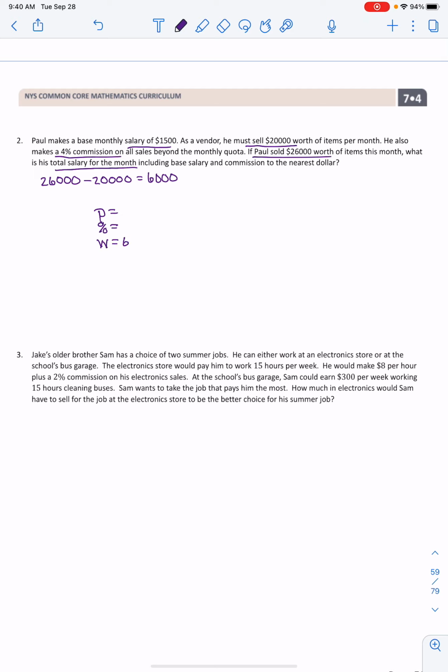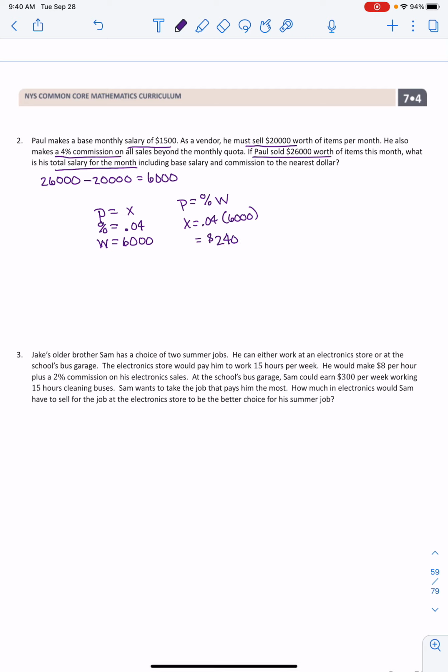So we have 6,000. It's 4% in commission, and we've got to find what that is. So we've got P, percent, and W. We have X equals 0.04 times 6,000, which is 240.